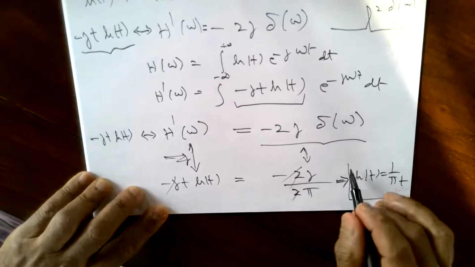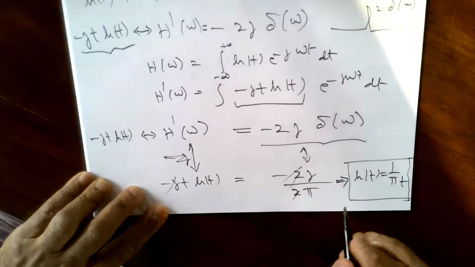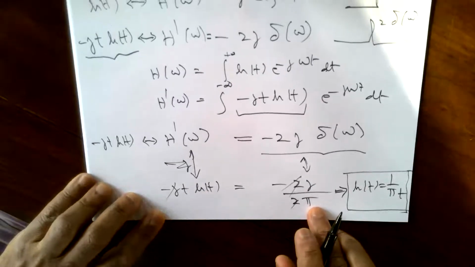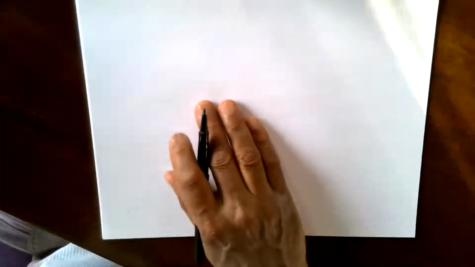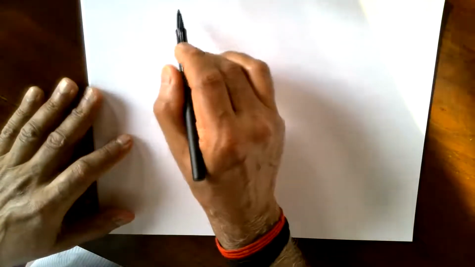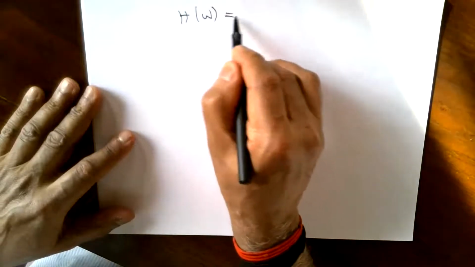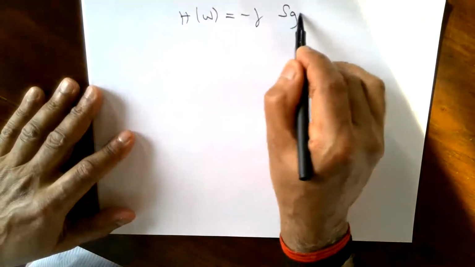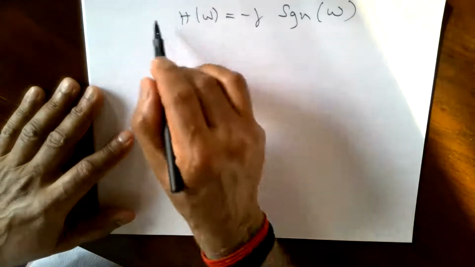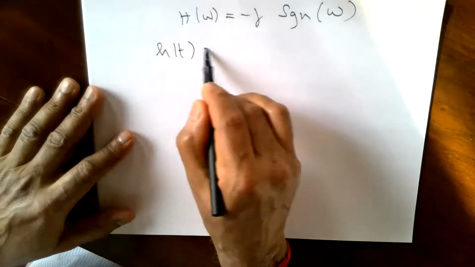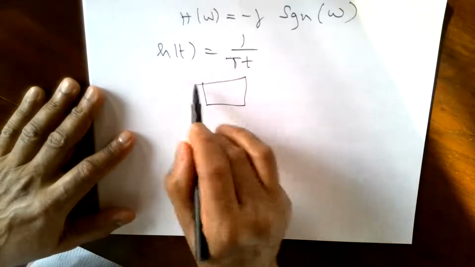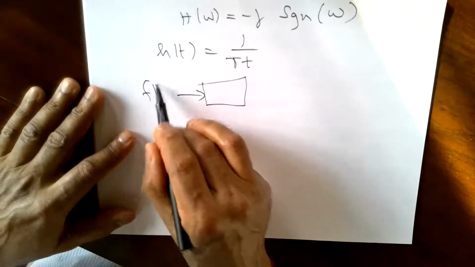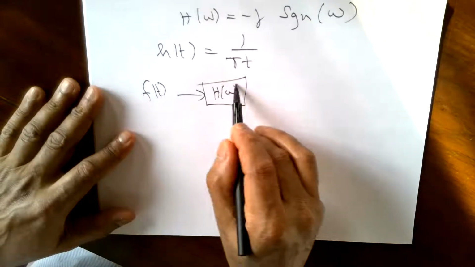So from here you get h(t) equal to a simple result. This is the Hilbert transform impulse response, if you are interested. So what's the whole point? The whole point is, if I define this fancy transform called minus j sign ω, whatever this transformation is, we know that its impulse response is simply 1 over πt.